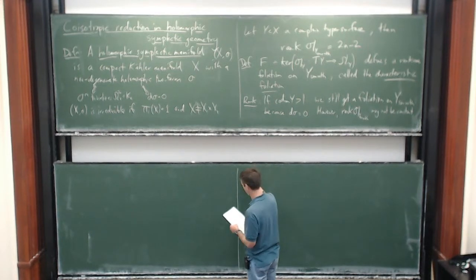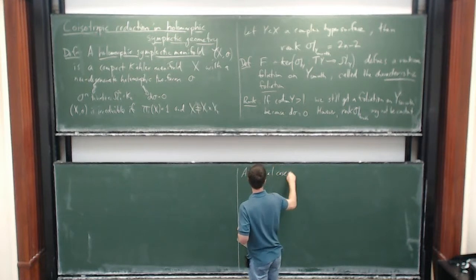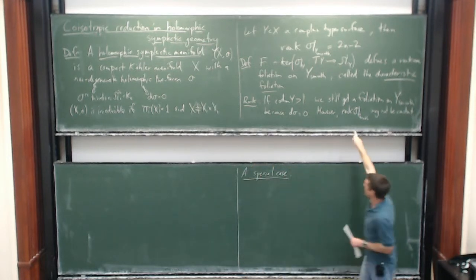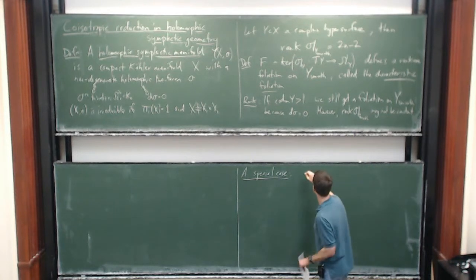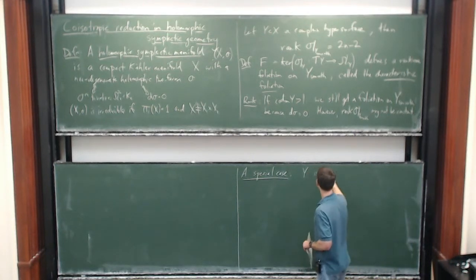So a special case in this higher codimension situation is what we call coisotropic.